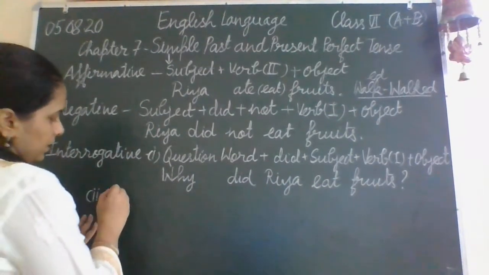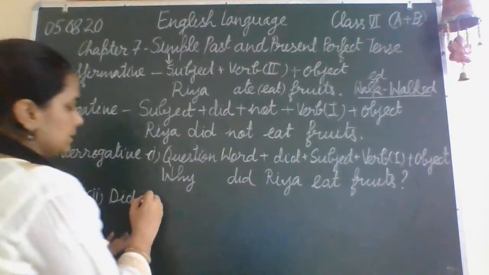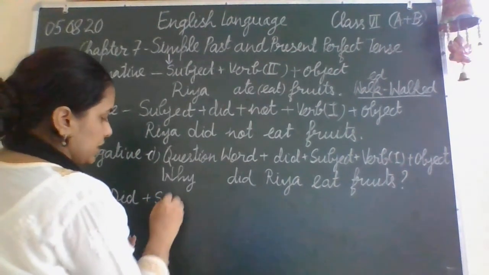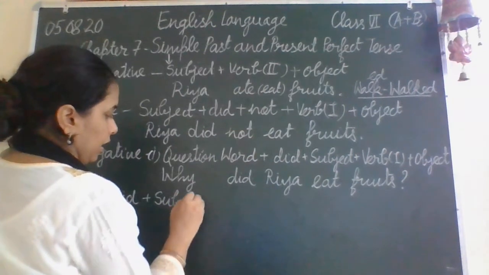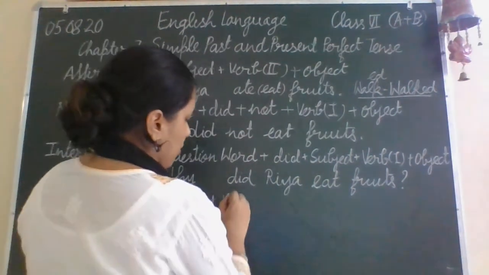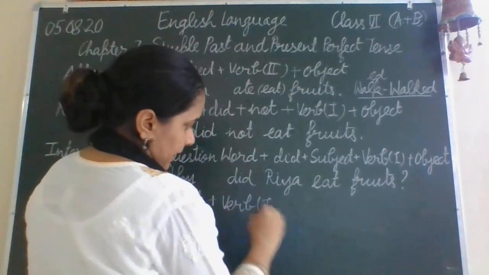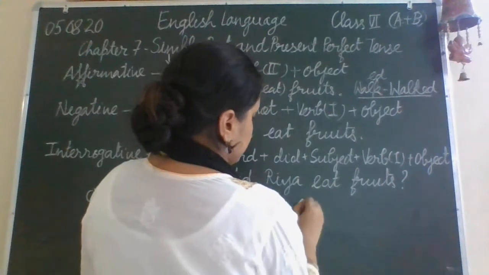So here we will always put did, then subject, then first form of verb, and then object.